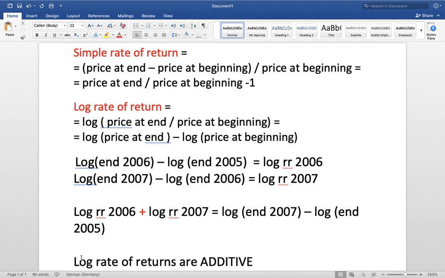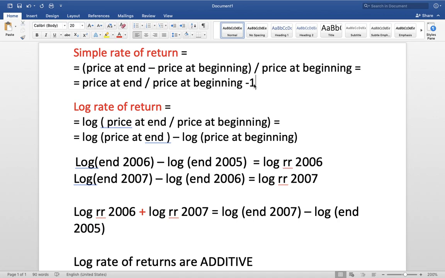So the fact that log rates are additive makes it easier for the computer to combine several periods together, makes it easier for us to write the formulas, and in particular avoids rounding problems which are typical of multiplication. If you try to do the same thing using simple rate of return, there is a formula which involves multiplication, usually powers, and it's rather complex.